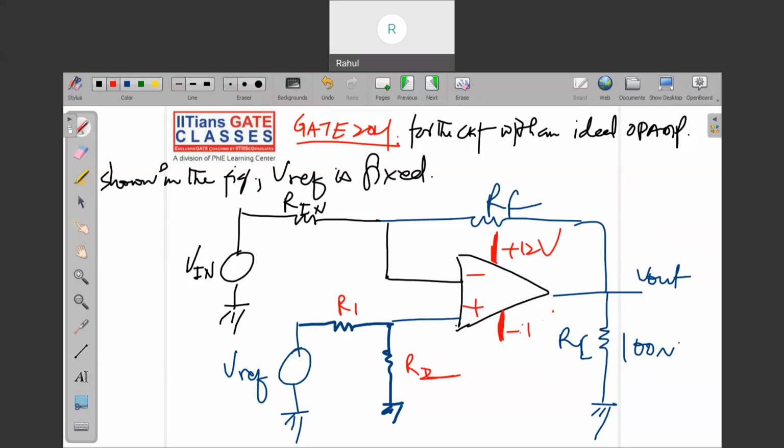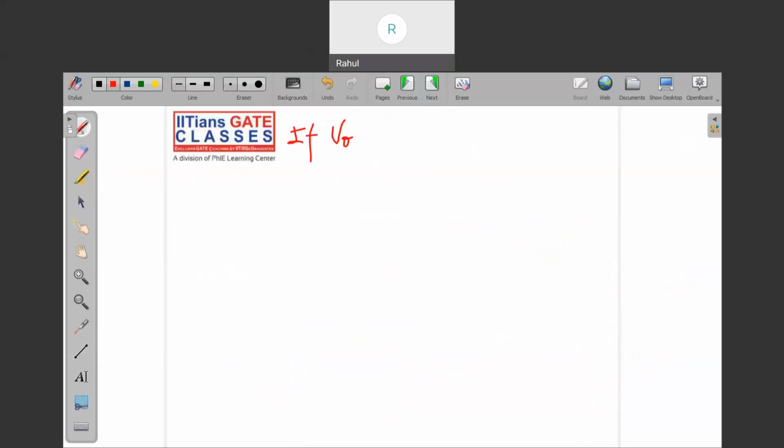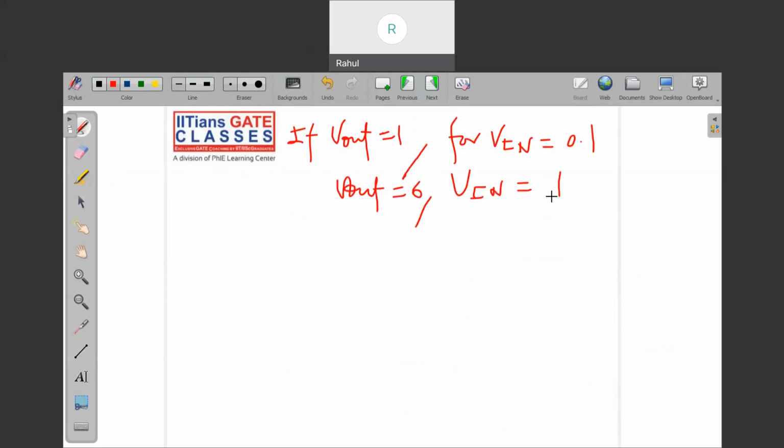They have given that for V in equal to 0.1, V out equal to 1, and for V in equal to 1, V out equal to 6, where V out is measured across RL.